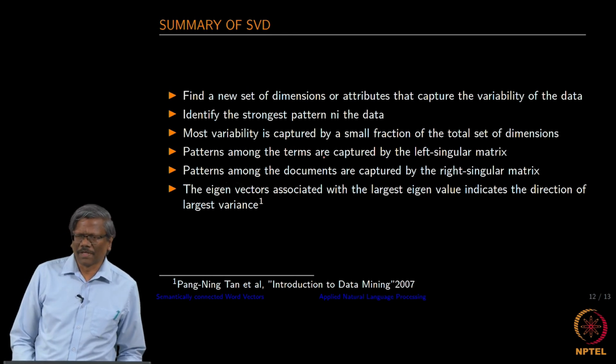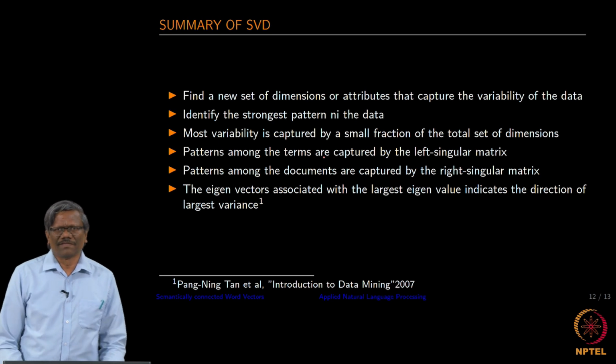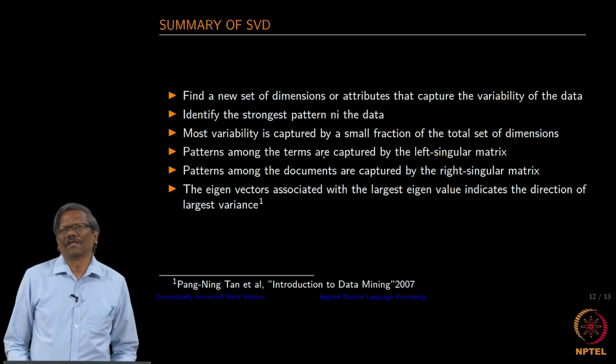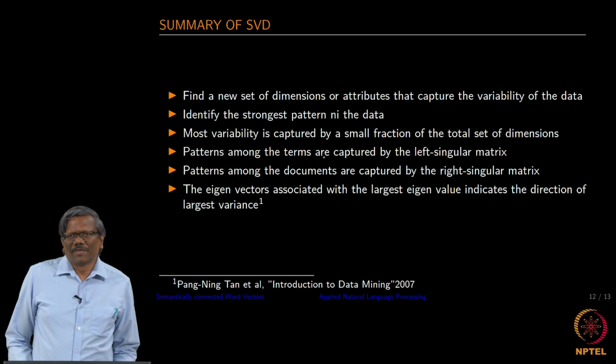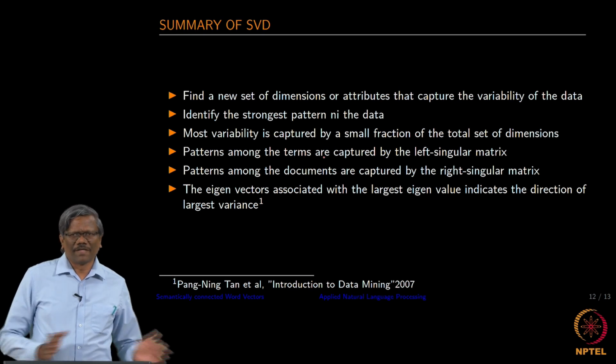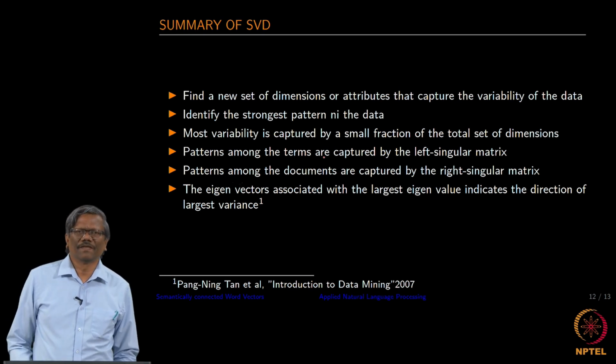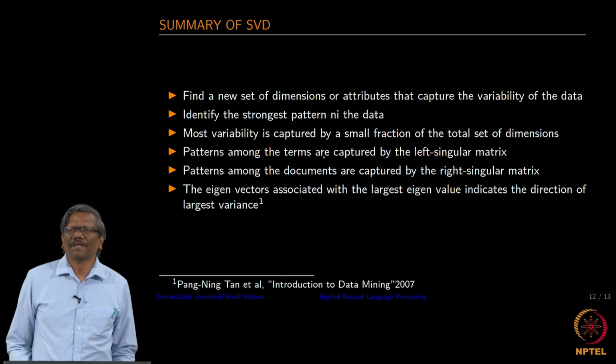For example, if you have a document size of about 2000 plus and around 20,000 words as vocabulary, unique words, you can represent that in terms of a matrix. That's where you construct your TF IDF as we discussed earlier.